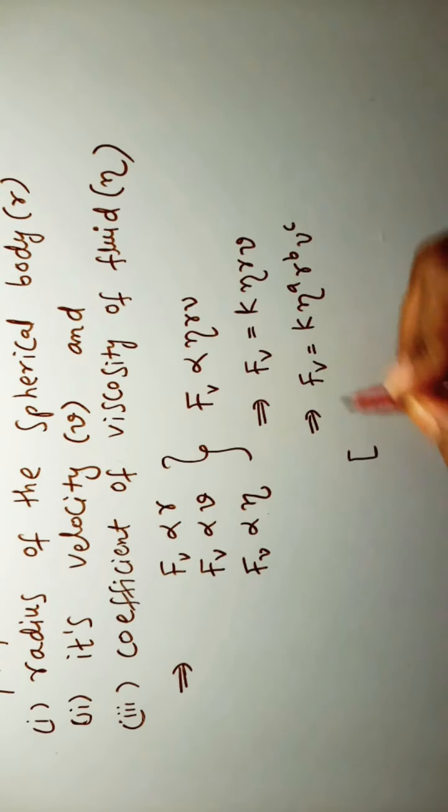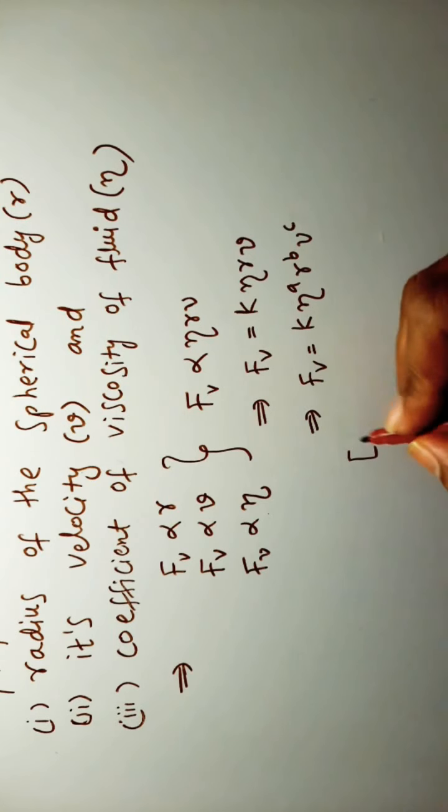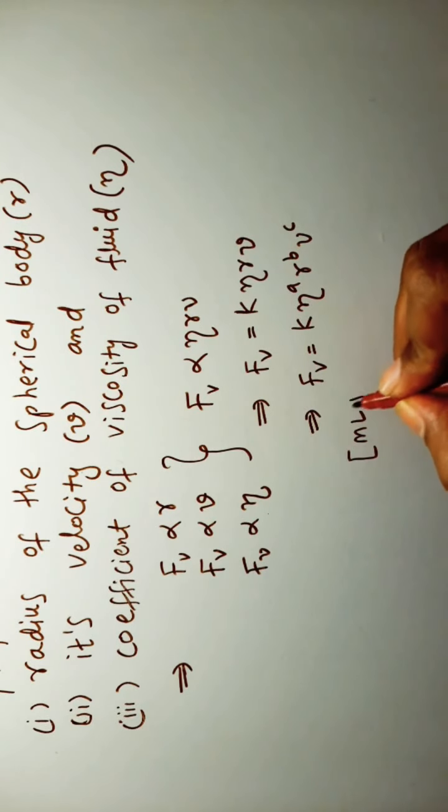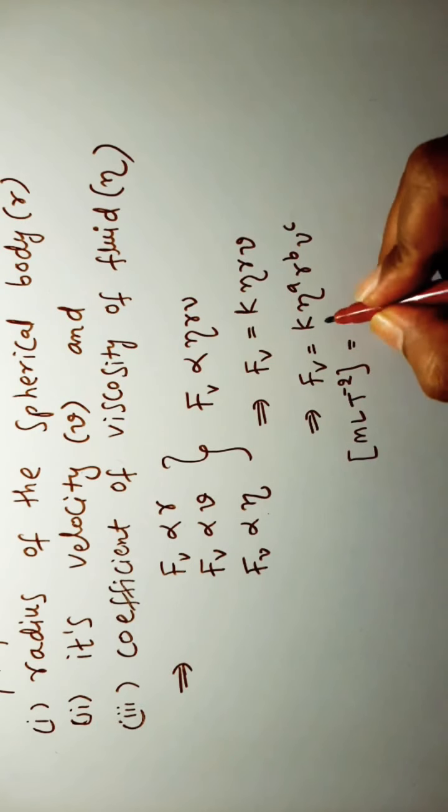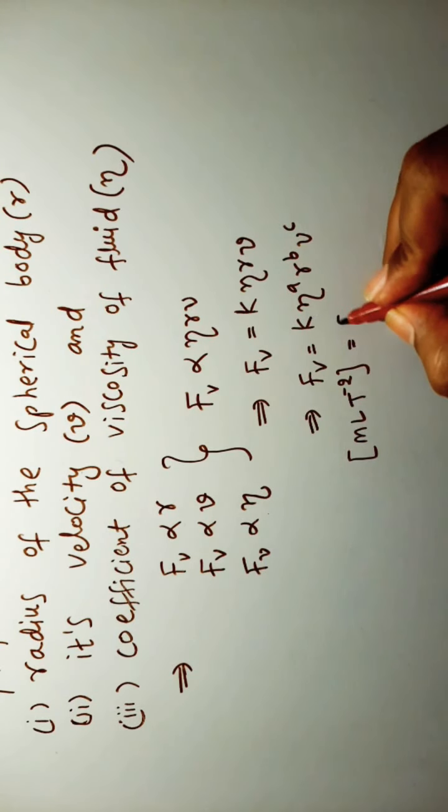The dimension formula for force is M L T to the power of minus 2. Here k is a constant.